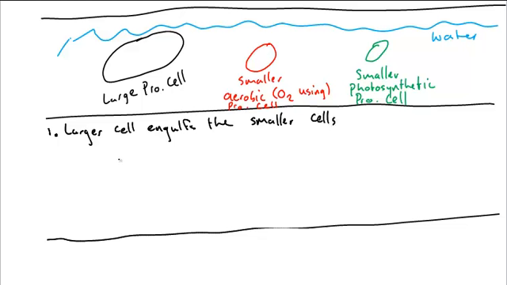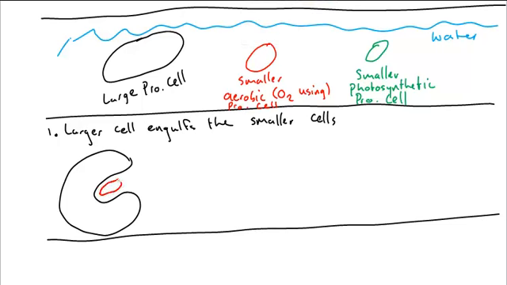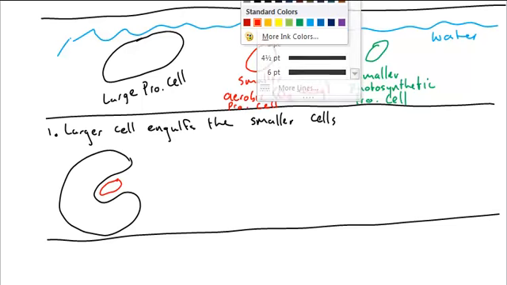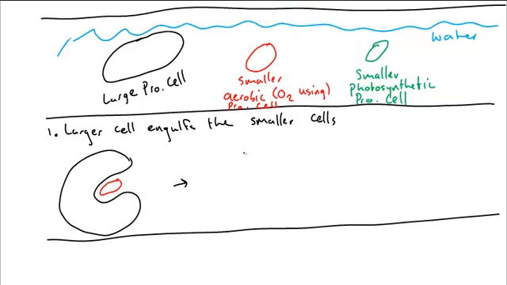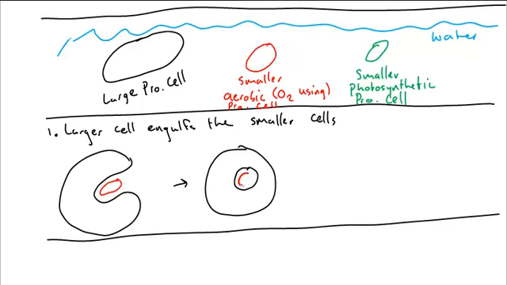So basically, it wraps its membrane around and takes in the smaller cell, such that that smaller cell ends up inside the larger cell.